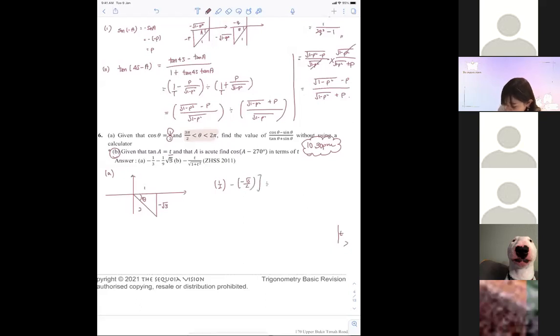Divide by tangent is O over A plus sine is O over H. Okay, then since the denominator the same, I can combine. So it's 1 plus square root 3 over 2. Combine the top. Minus square root 3 minus square root 3. You treat square root 3 as x, minus x is minus 2x.